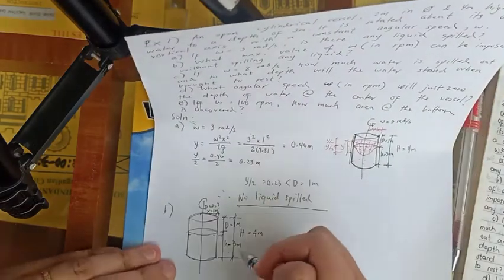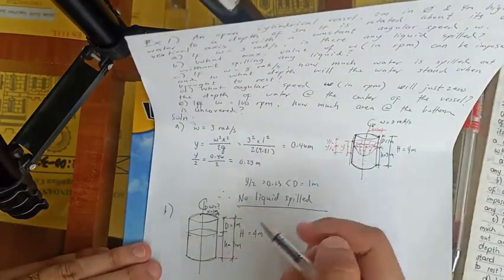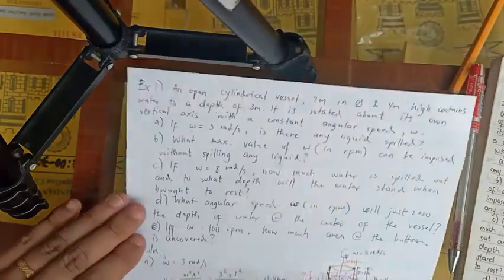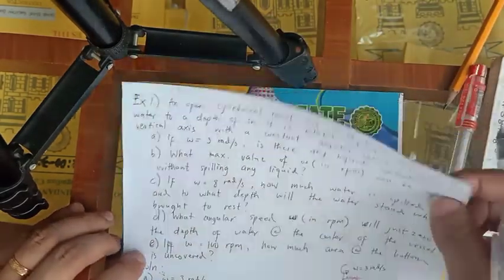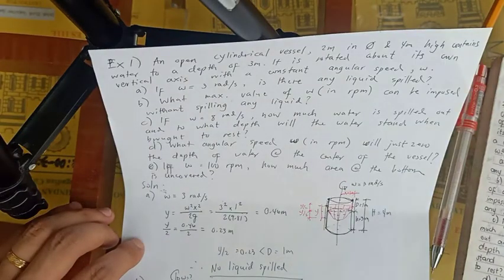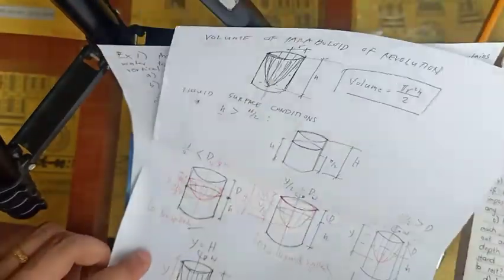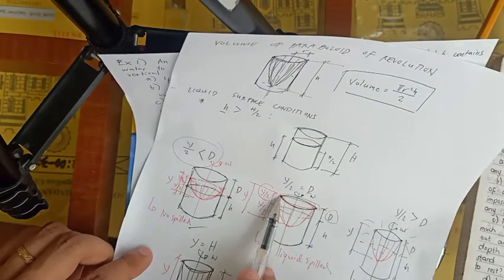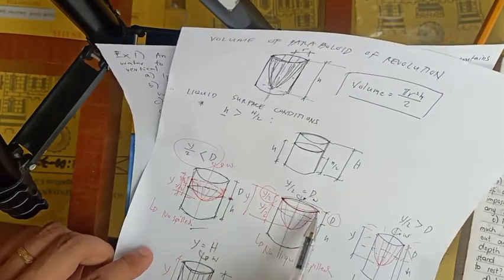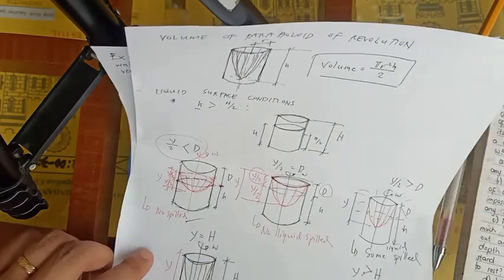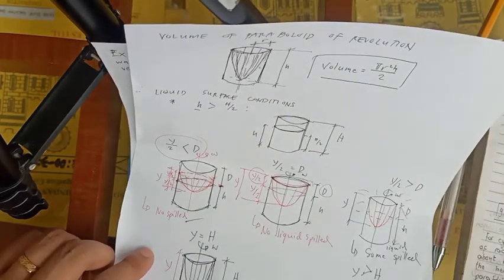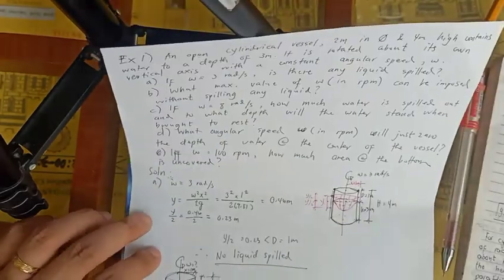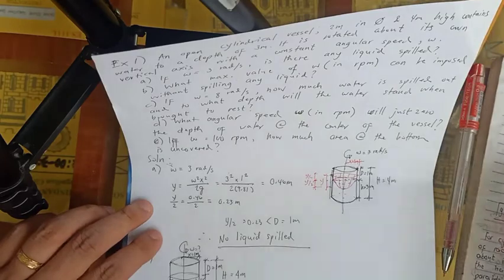So the depth is 3 meters, D is 1 meter. And the only thing is that we want the maximum value of omega. So when it is maximum, we expect the rim of the paraboloid of revolution, the vortex, to be at the top rim.